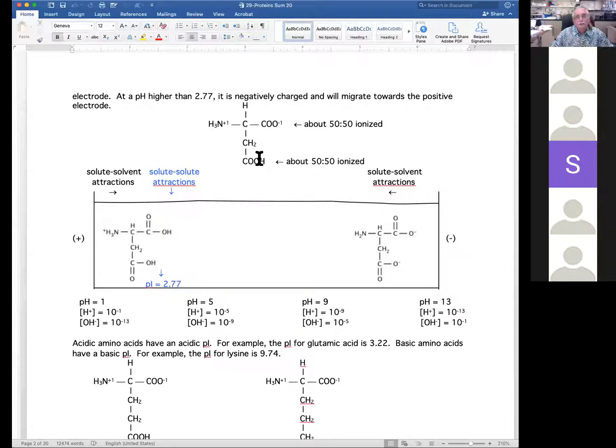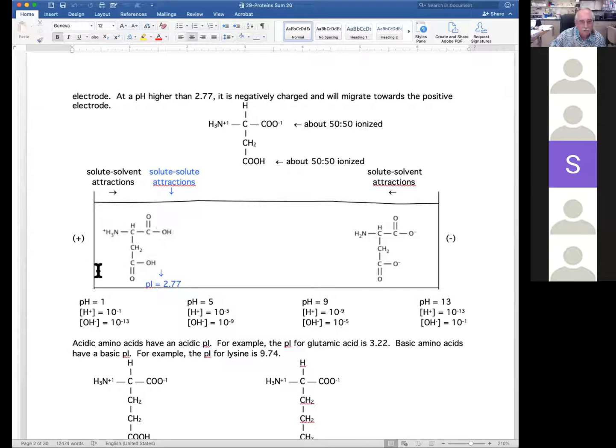Well, the pI is 2.77 for this particular amino acid. And what that means is that at the pI, there is no net charge. So if I'm looking at this right now, there's no net charge.